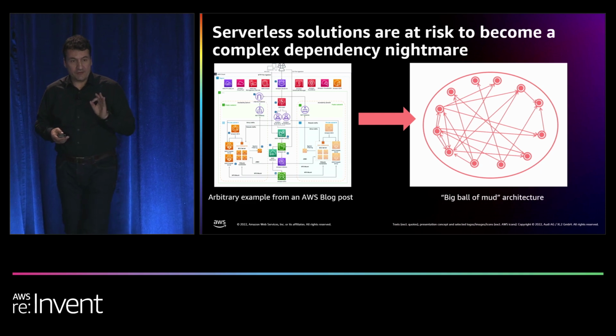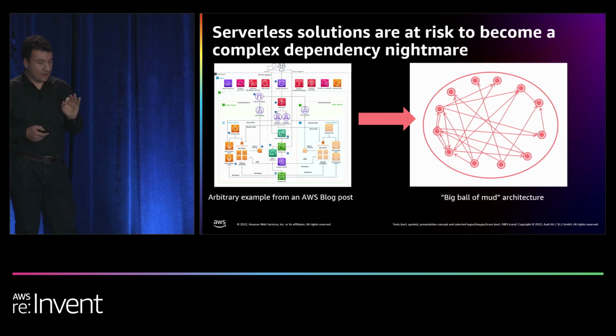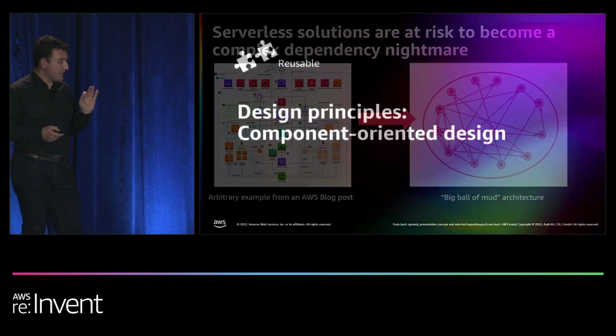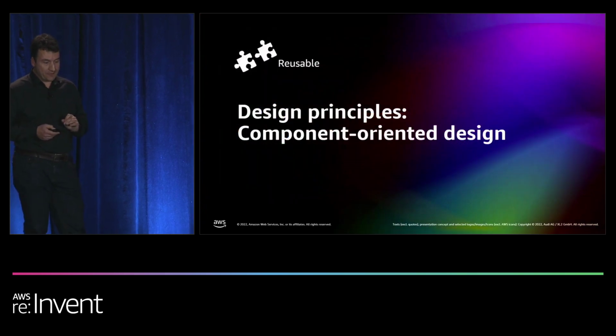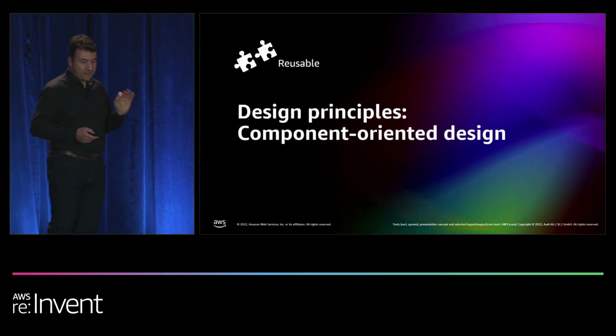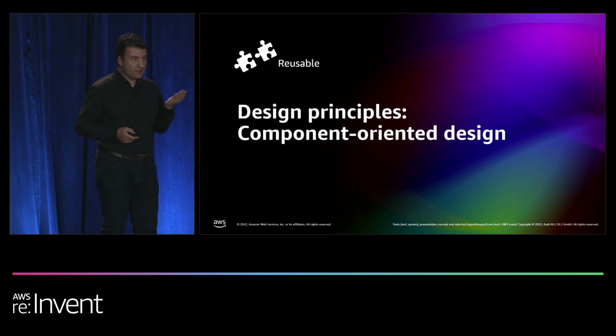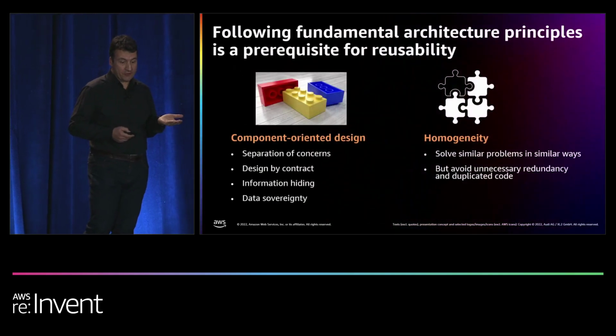Therefore, we need to take care, also with serverless, that dependencies do not kill us. And this brings us to our first design principle for reusability, which is component-oriented design.